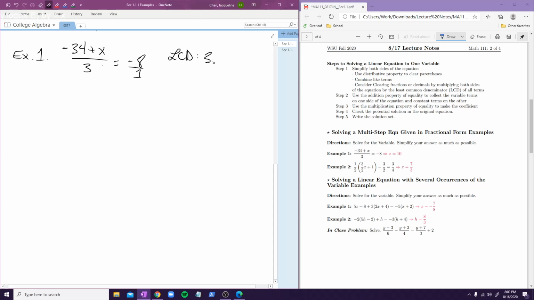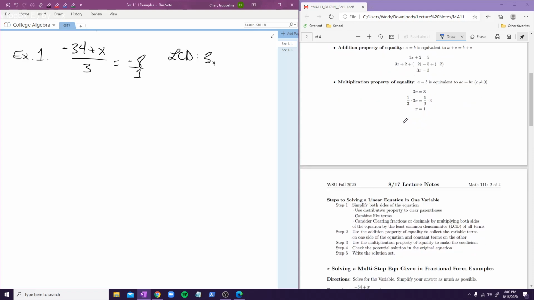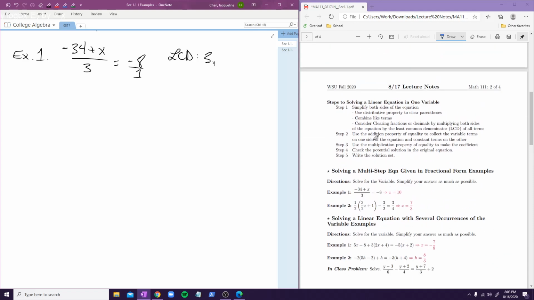In order to keep these equations equal, we're going to have to multiply 3 to the left and the right side. If we just multiplied it by the left, we're not using the multiplication property of equality, and it's not equal at all.